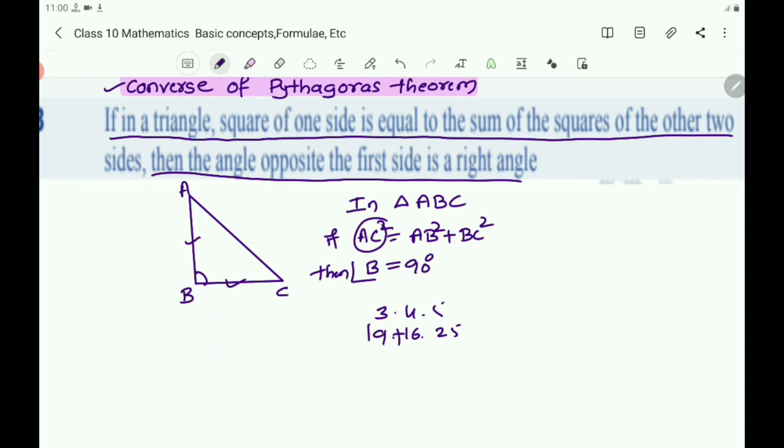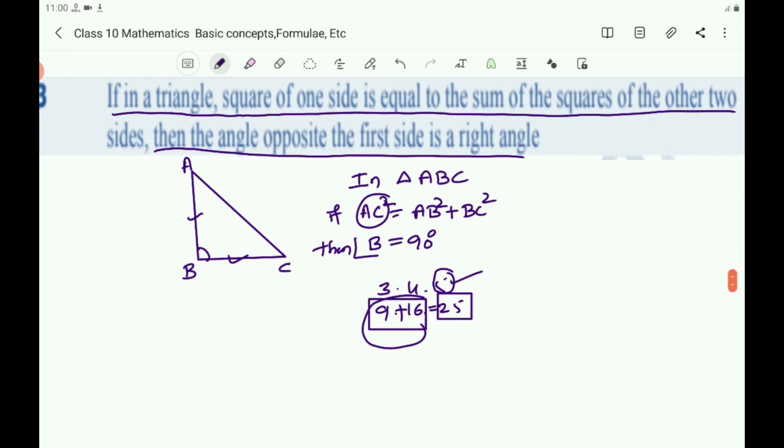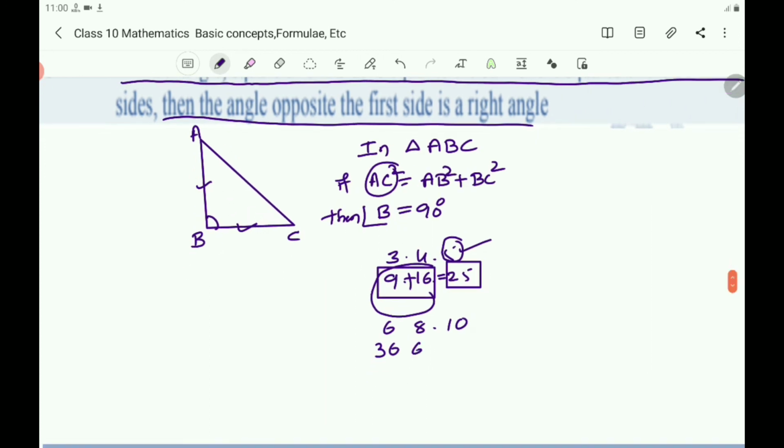If you add these two, you will get 25. Therefore, you can say that yes, the square of one side is equal to the sum of the squares of the other two sides. So you will get a right angle triangle. Which becomes the hypotenuse here? The side with length 5 cm becomes the hypotenuse. Similarly, you can give many examples. 6, 8, 10. See here, 6 square is 36, 8 square is 64, 10 square is 100.